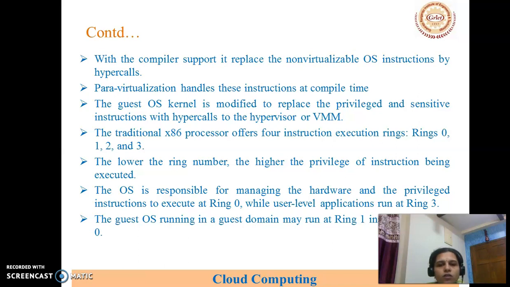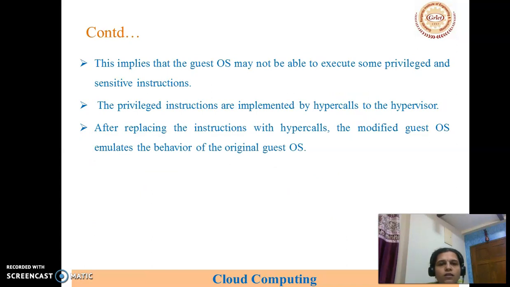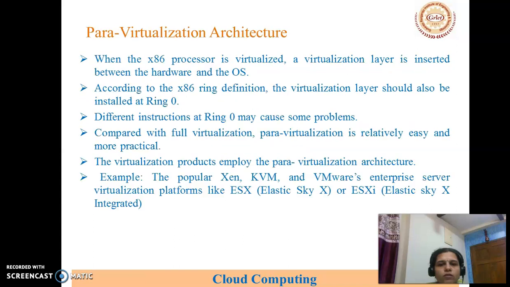The guest OS running in a guest domain may run at ring 1 instead of ring 0. This implies that the guest OS may not be able to execute some privileged and sensitive instructions. The privileged instructions are implemented by hypercalls to the hypervisor. After replacing the instructions with hypercalls, the modified guest OS emulates the behavior of the original guest OS.